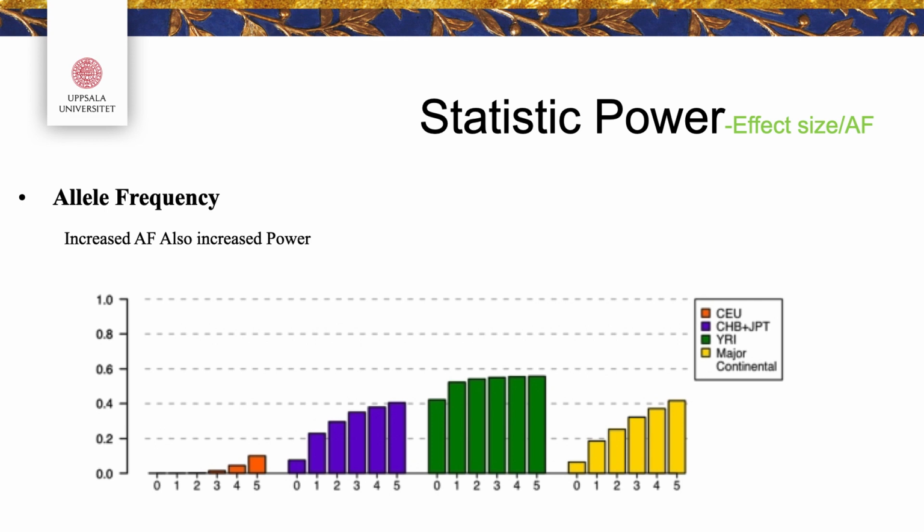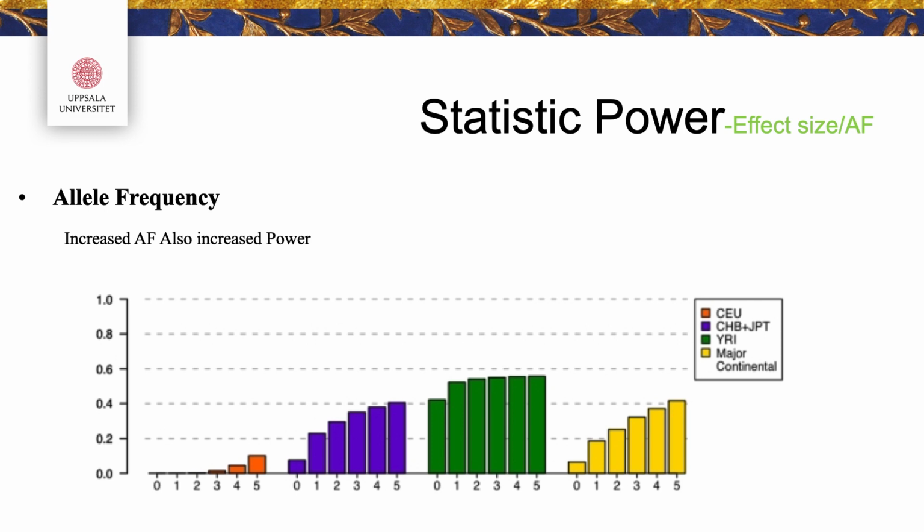From this slide, we can find the statistic power is positively correlated with allele frequency, which also means it's more difficult to detect a significant signal for SNPs with minor allele frequency lower than 1%. That is because very few individuals carry these alleles, which cannot result in genome-wide significance.